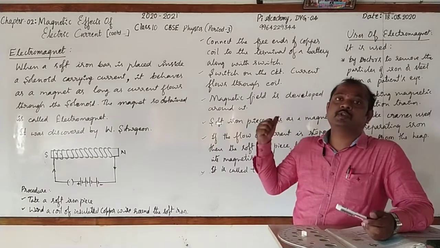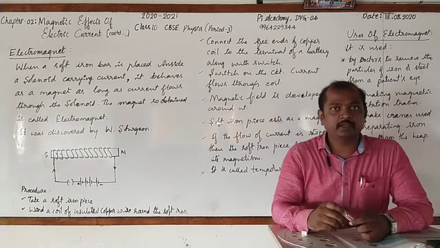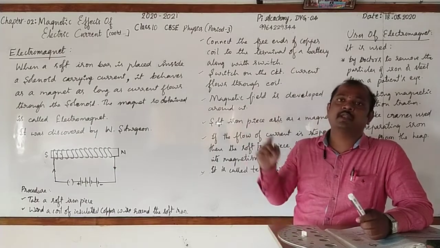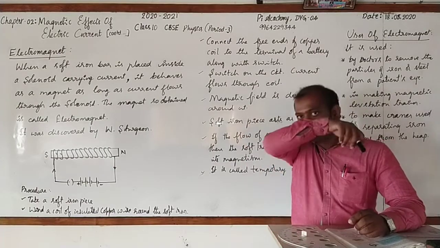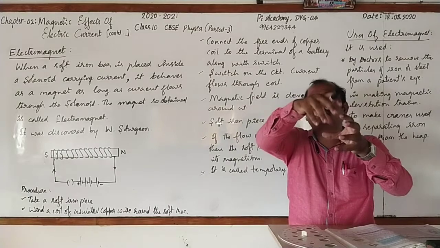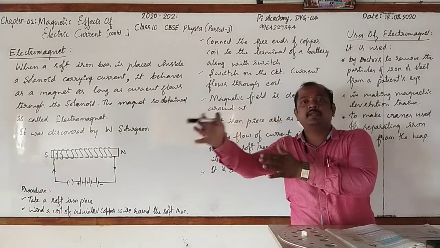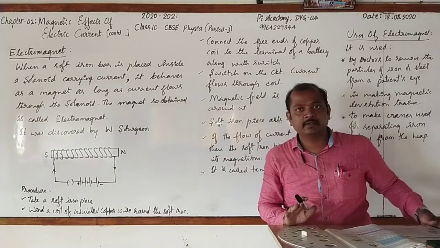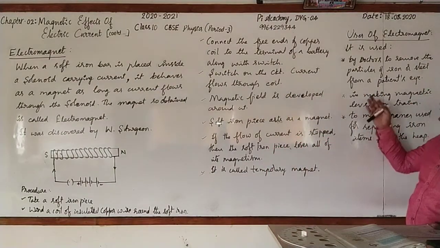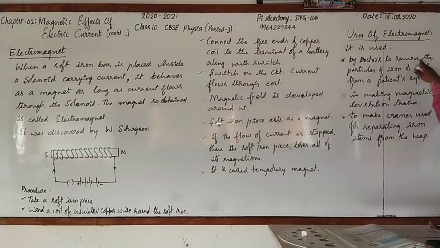Hence, we will go for using the crane, which works on the principle of electromagnet. When it is placed, immediately it will attract the iron pieces. Then they can be separated easily. Clear? That only has been written. See that it is used by doctors to remove the particles of iron or steel from a patient's eye.